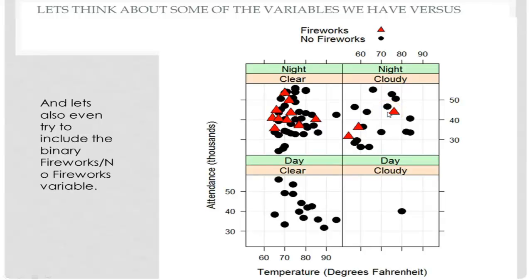It's a little bit hard to make any intuitive sense out of it. But anyway, there is this pattern: as the temperature increases, the attendance increases, right? But that's only for fireworks nights in this kind of environment. It's a little too many things to juggle in your brain, but you could say that, right? Okay, so everybody get that?